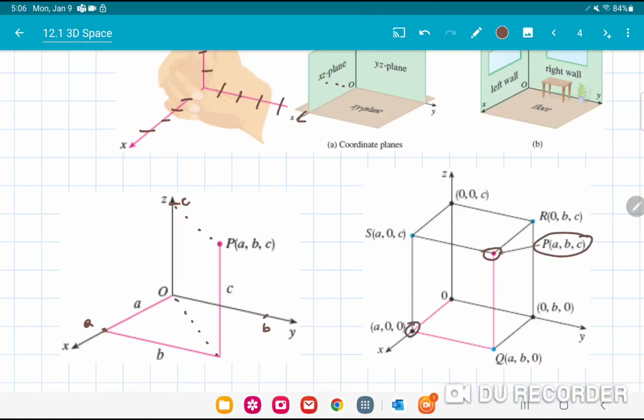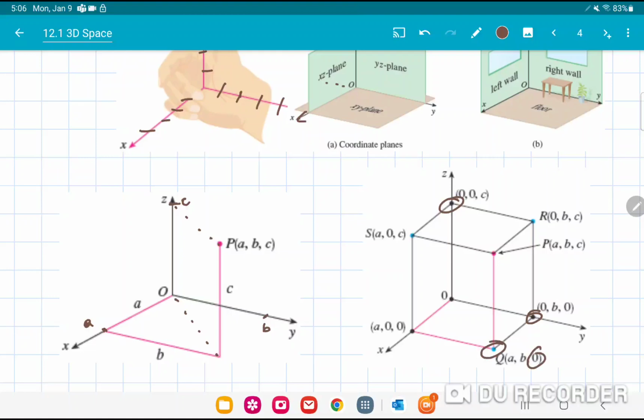So what would be this point? This point would be A, 0, 0. A on the x-axis, 0 on the y-axis, 0 on the z-axis. No movement on the y-axis and on the z-axis. This point is 0, B, 0. This point is 0, 0, C. So this point is A, B, 0.